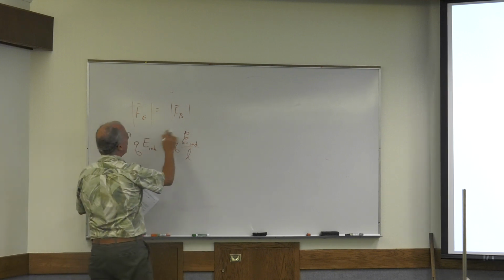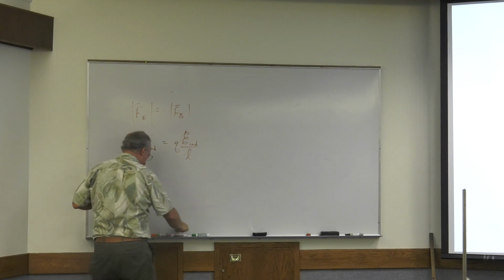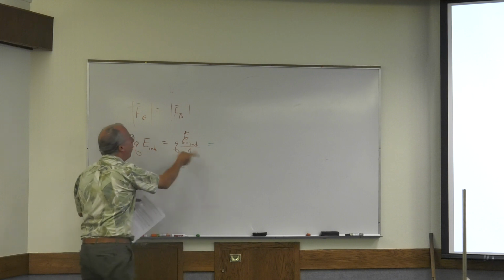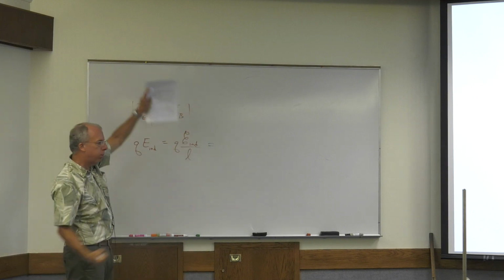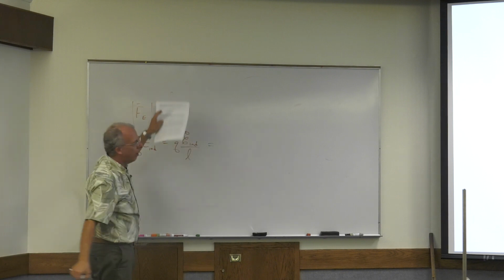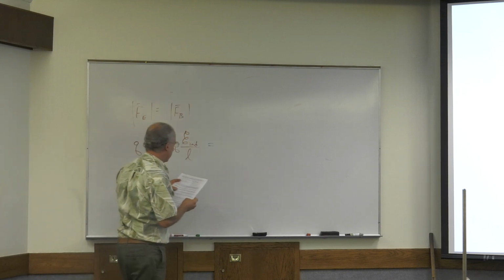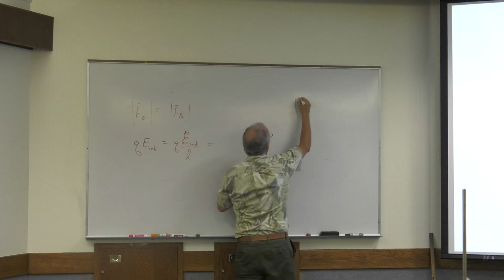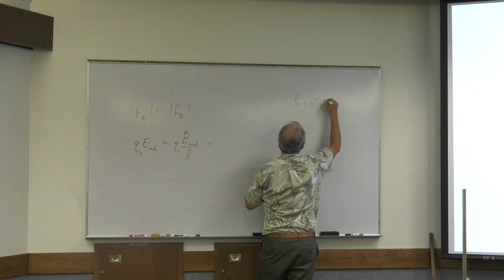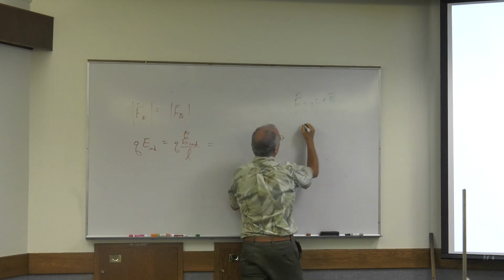Okay, so that's the electric part, right? That's the electric force that wants to pull those guys together. And then we have the magnetic force, which wants to push them apart. And again, the force is QV cross B. What's the magnitude of that?